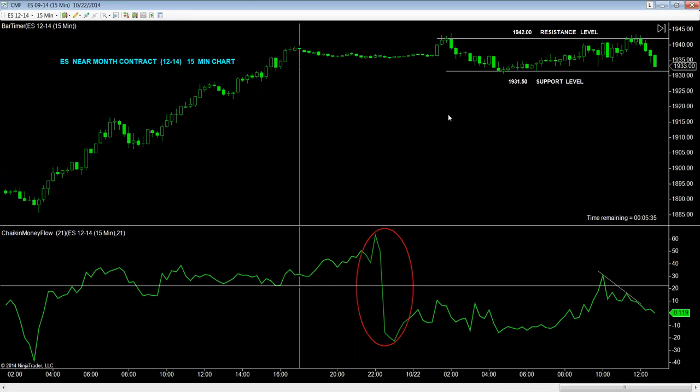Right now, what I'm looking at is the current channel that has been established between 1942, resistance to the upside, and 1931.50 to the downside, and price is getting closer to the downside of that channel.